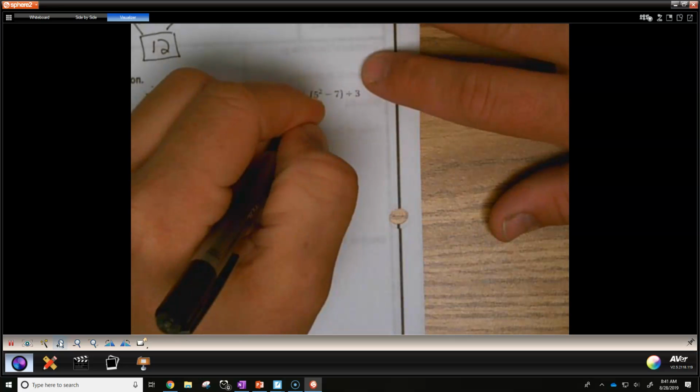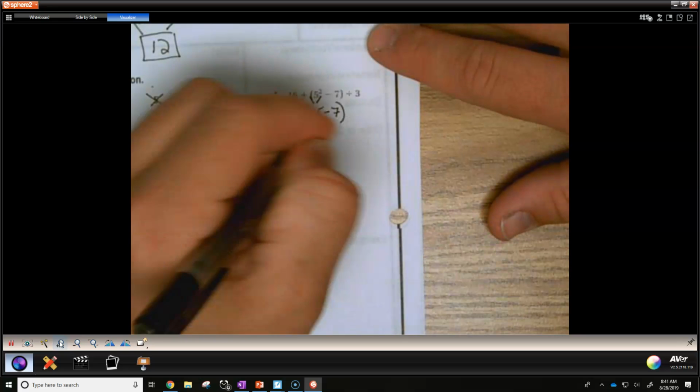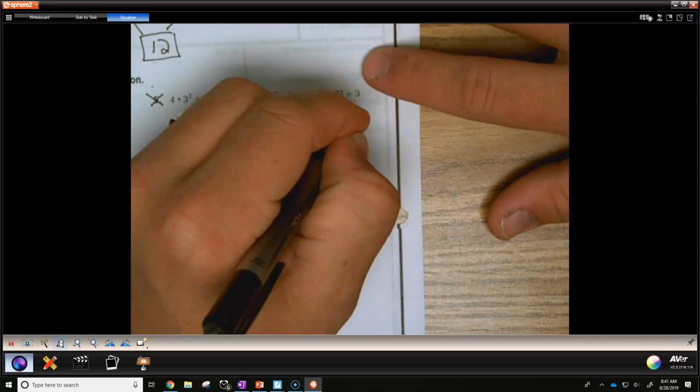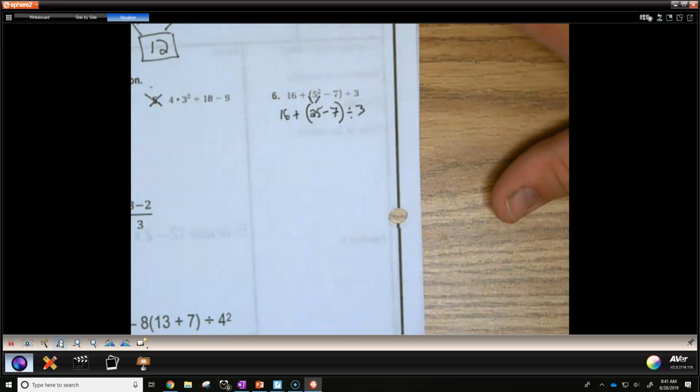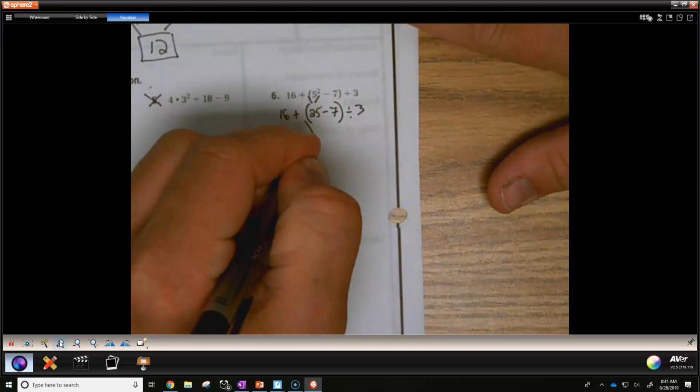Go ahead. So the exponent, 5 to the 2nd power, is 25 minus 7 is 3. Okay, so in my parentheses, we did the exponent first. I rewrite it, I still have parentheses. And then the parentheses for that is 18.